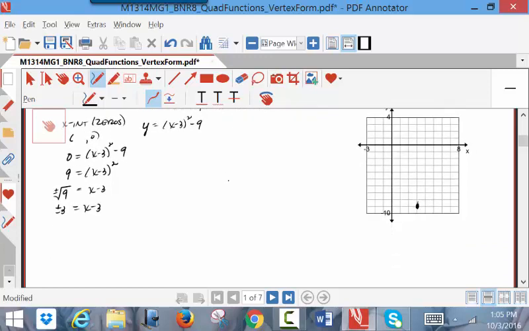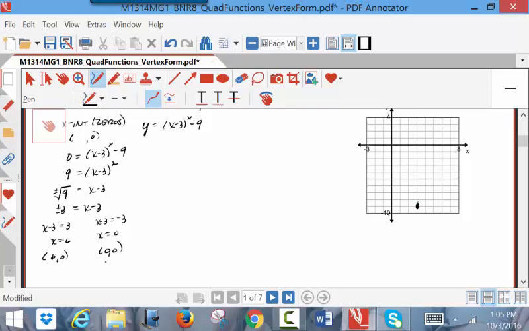So we kind of want to make this two equations. So x minus 3 can be the positive 3 or the -3. So if I add 3 to each side, one value is 6 and the other is 0. So I have two x-intercepts. One is the point 6, 0, and the other is the origin.